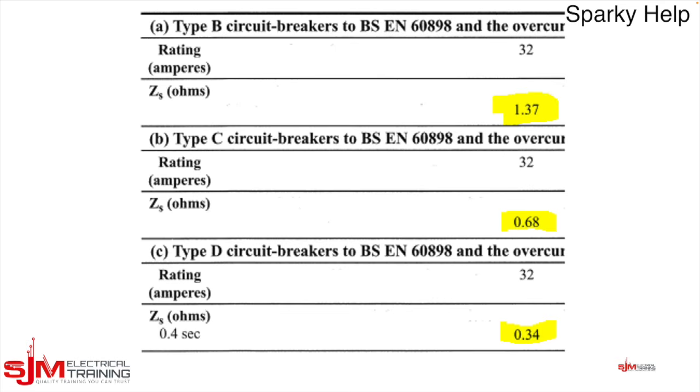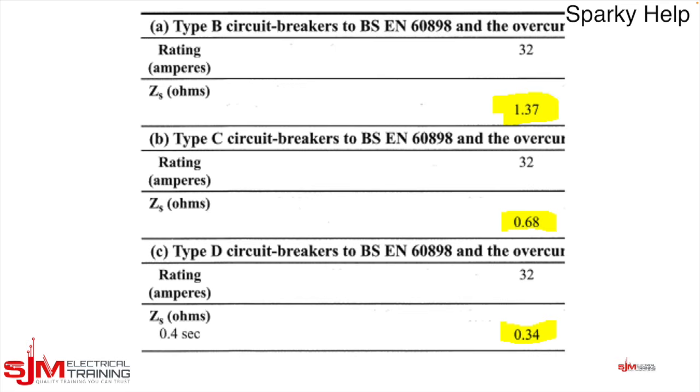As you can see here, you can see a 32 amp circuit breaker. These are all from BS 7671. A 32 amp needs 1.37. Remember, this is operating temperature of the cables. So maximum is 1.37, but for the same one for a Type C, it drops to 0.68, and then the same one for a Type D, 0.34.